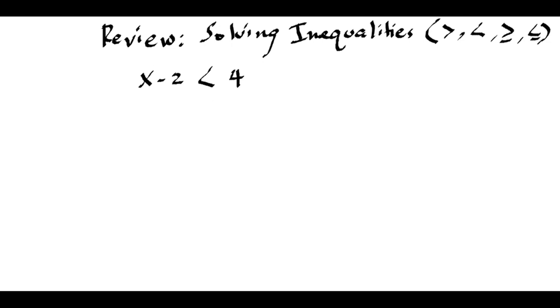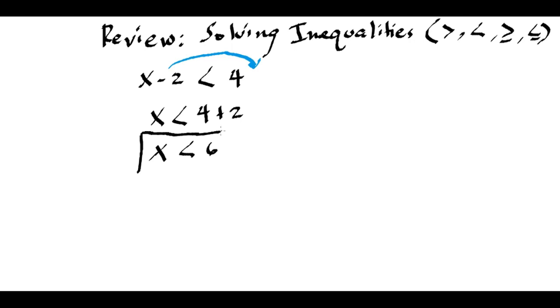In this case, applicable ang transposition method. So we will transpose negative 2 to the right side of our inequality. So that will become x is less than 4 plus 2. The final answer will be 4 plus 2, and that will be 6. So that will be x is less than 6.